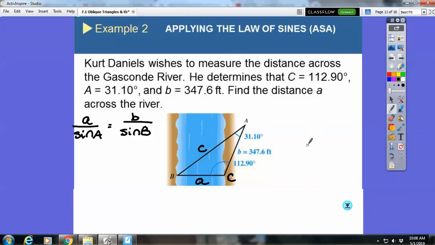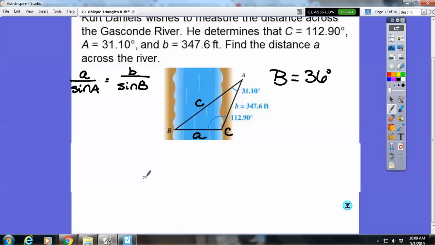Do I know angle B? How can we get it? So 180 minus 112.9 minus 31.1. So angle B is 36 degrees. So now we just set this up.